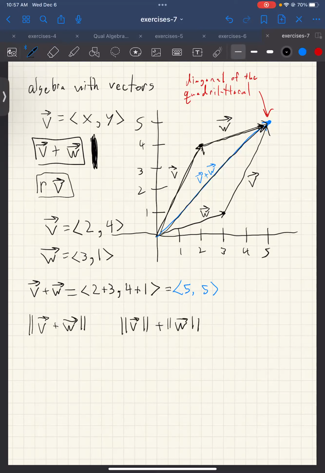If we're doing the exact same kind of triangle inequality, then all we're saying is that the length of v plus w is less than or equal to the length of v plus the length of w, aka the length to go straight across is shorter than to go around and over.